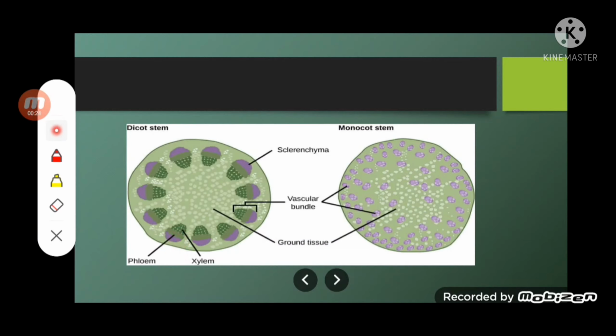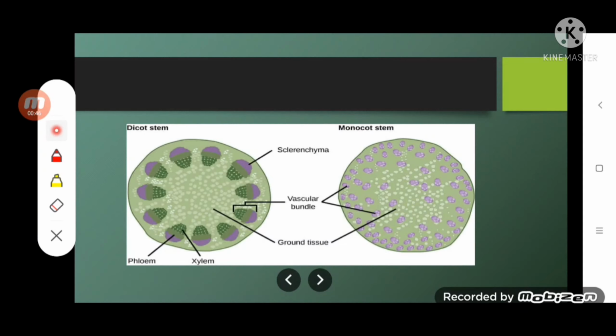So in dicot stem, we will always find xylem towards the center of this vascular bundle, or here in the center of the stem, and phloem will be at the outer side of the stem. They both, the xylem and phloem, will be separated by another kind of tissue in between, that is cambium, which we had already studied in sclerenchyma. So this is the arrangement of vascular bundle in dicot stem.